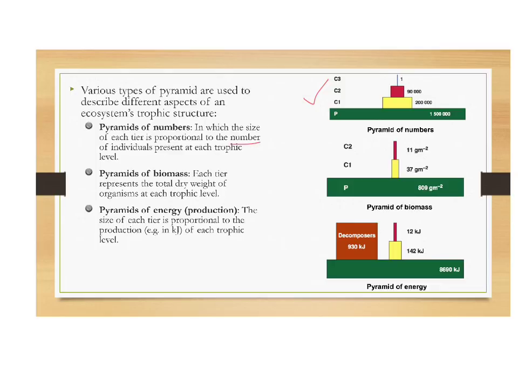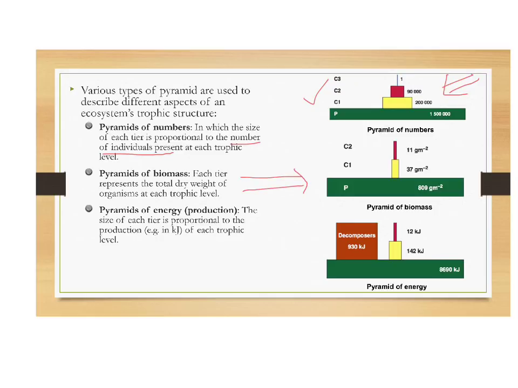In this example, we've got 1,500,000 producers, 200,000 primary consumers, 90,000 secondary consumers, and 1 tertiary consumer.